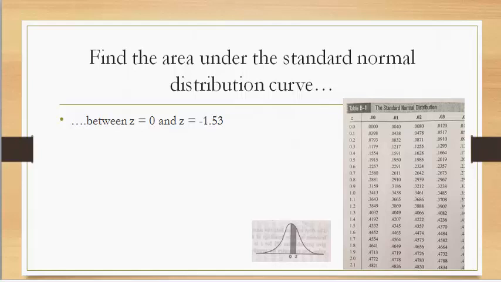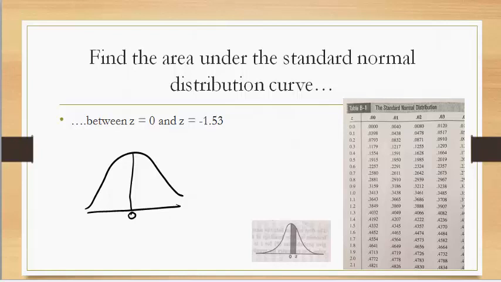Let's try another example. Find the area under the standard normal distribution curve between z is equal to 0 and z is equal to, this time, a negative 1.53. All right, so again, I'm going to start out the same way. I'm going to start out by drawing a picture of my curve. I'm going to draw my line down the middle, knowing that that's my mean, and I'm going to mark it off as 0.